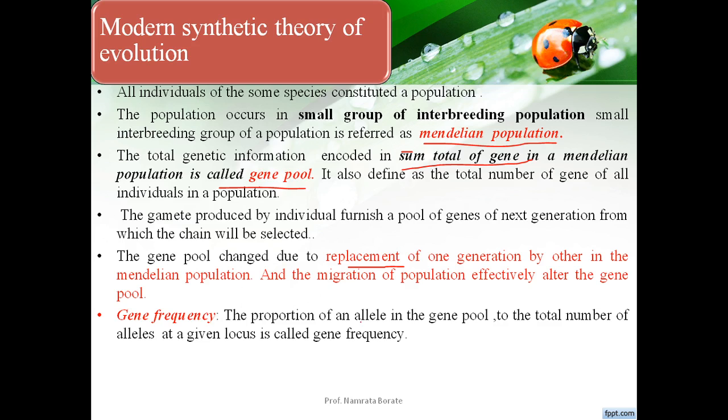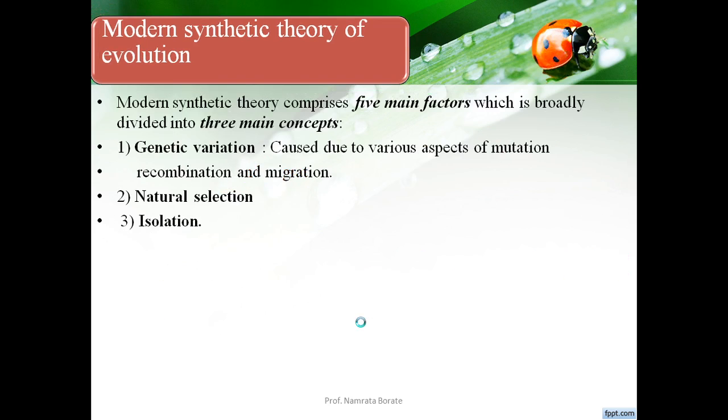The modern synthetic theory comprises the 5 main factors. The first one is gene mutation, second one is mutation in the chromosome structure and number, third one is genetic recombination, fourth one is natural selection, and the fifth one is reproductive isolation. These 5 main factors are broadly divided into 3 main concepts.